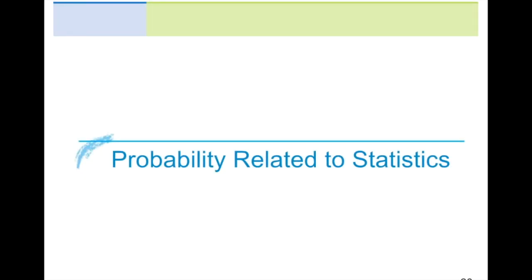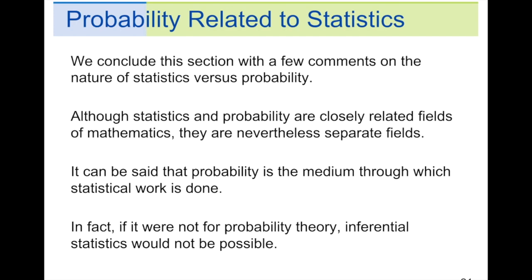Probability related to statistics. We conclude this section with a few comments on the nature of statistics versus probability. Although statistics and probability are closely related fields of mathematics, they are nevertheless separate fields.